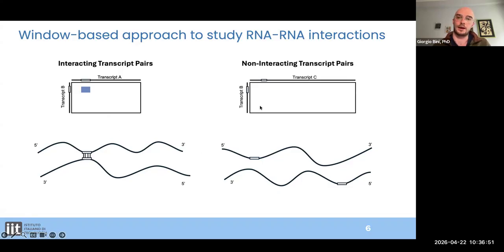On the right, we have non-interacting transcript pairs that we obtained by randomly shuffling the RNA-RNA interactions detected experimentally.